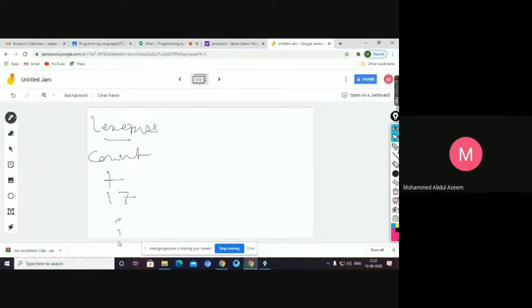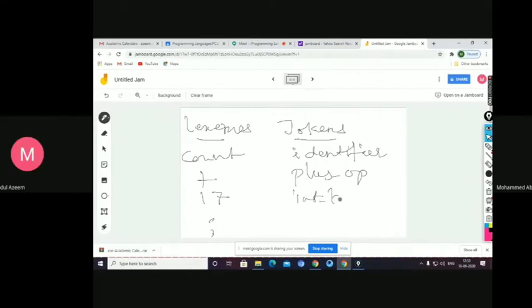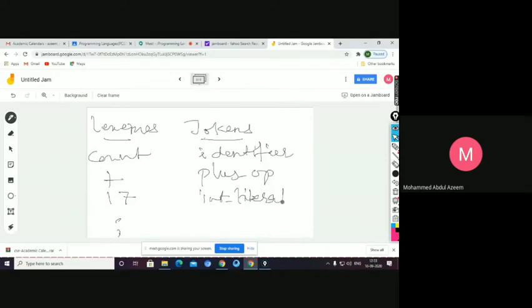Now, the categories of these lexemes are the tokens. Count is also an identifier because it's a variable. Plus is the plus operator. 17 is an integer literal. And the semicolon belongs to semicolon.